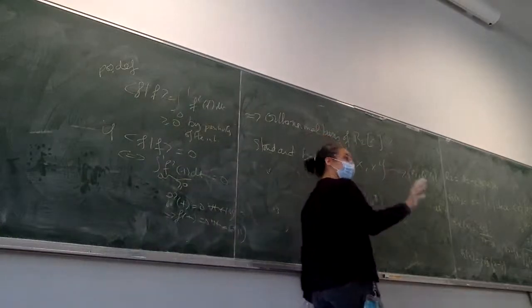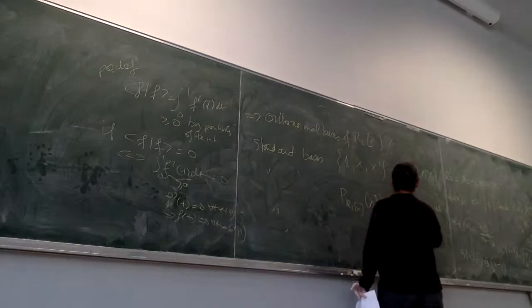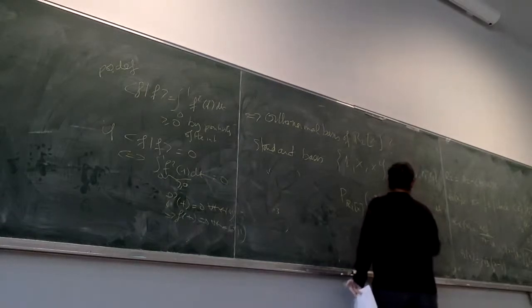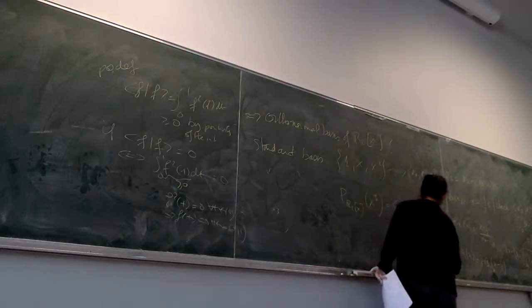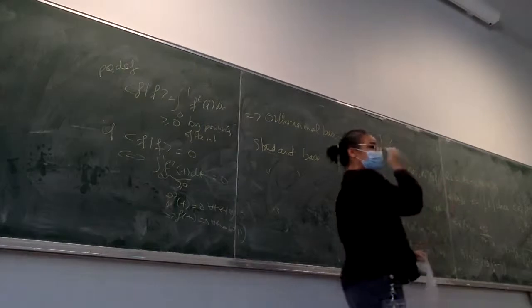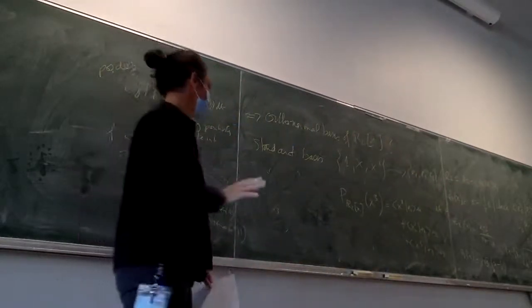Yeah, as before. Inner product of x³ with E1 times E1 plus inner product of x³ with E2 times E2. That's the same definition of the orthogonal projection, as usual.